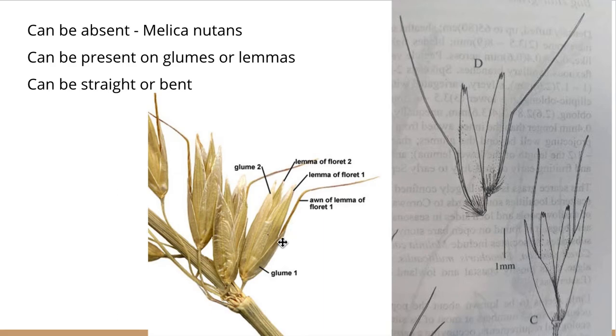You can see how it's attached there. And then if we move to the right image, you can see that these are both lemmas. They were situated in here, and they've come up through here, and these are the awns. And they can be straight or bent, and you can see that this is bent.